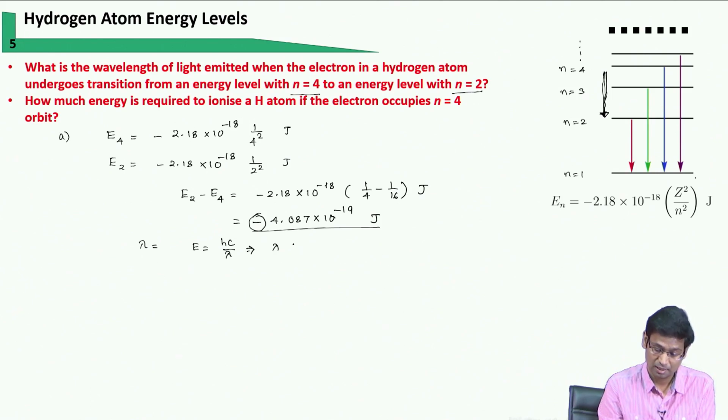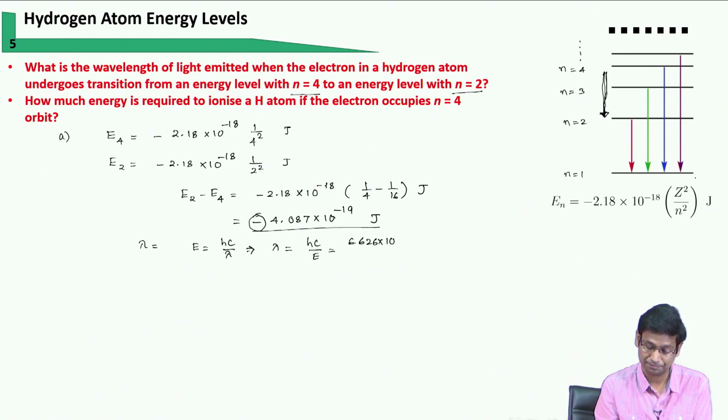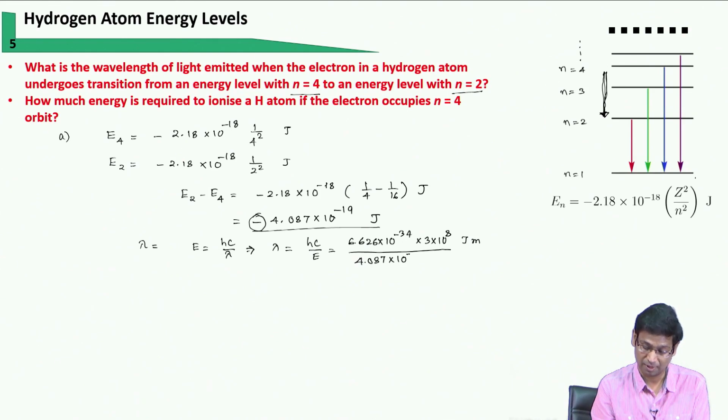Therefore, lambda is hc by E. Again we have to deal with the multiplication of the two constants, divided by 4.087 into 10 to the power minus 19 joule, which should come out in the unit of nanometer. It is 486.3 nanometer, which is 10 to the power minus 9 meter. So, this is the wavelength that the electron will emit when it jumps from n equals 4 to n equals 2.